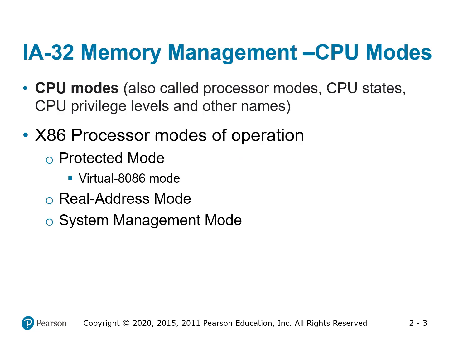Okay, we're going to talk about how the CPU manages memory through these different types of CPU modes. So CPU modes, you may have heard it being called processor modes or CPU states or CPU privilege levels. These modes are just operating modes for the CPU, how the CPU is operating.